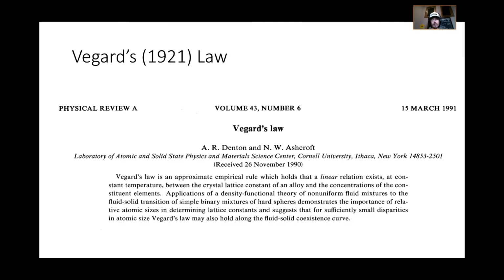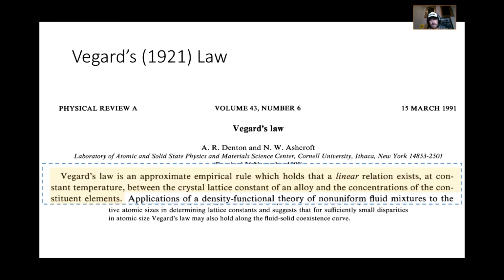And talking about Vegard's law, I won't read this whole thing to you, but I'll pop up the important thing out of this article from Physical Review A. Vegard's law is an approximate empirical rule which holds that a linear relation exists at constant temperature between the crystal lattice constant of an alloy and the concentrations of constituent elements. I highlighted what I was supposed to read. So there's a linear relation between lattice parameter and the concentrations of constituent elements.